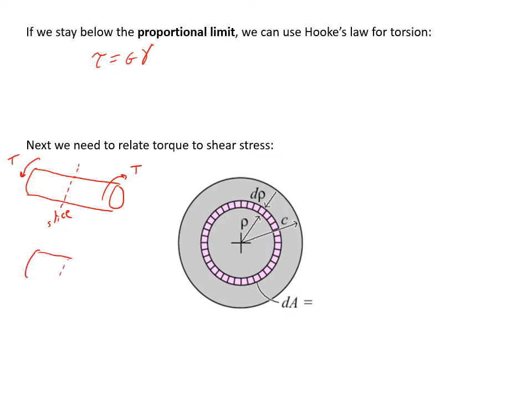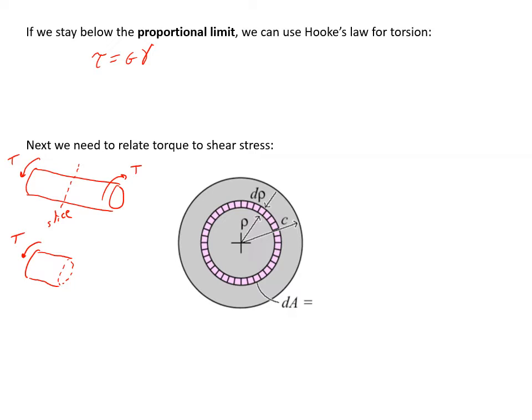So I've got a slice on it like this, and here is the torque. Now that torque has to be resisted by something, and just because I sliced it doesn't mean that this thing isn't still in equilibrium.